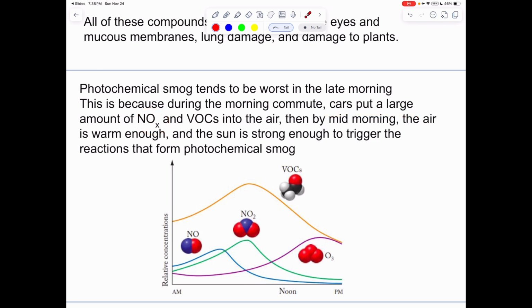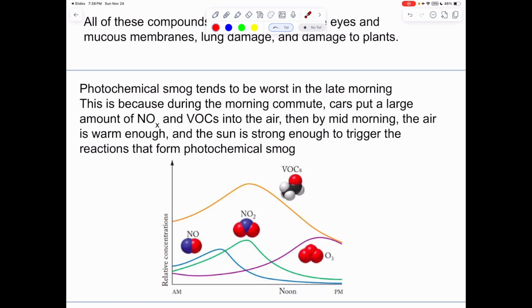And so as our day continues, we have our morning commute where our nitrogen oxide and then our nitrogen dioxide are increased at very high levels. Now, like I mentioned, those VOCs are always there, but when our nitrogen oxides peak, that is when our smog is going to peak, right around noon and then into the afternoon.